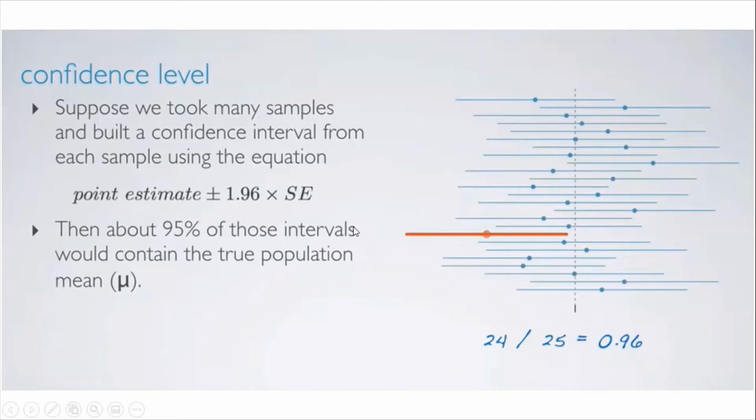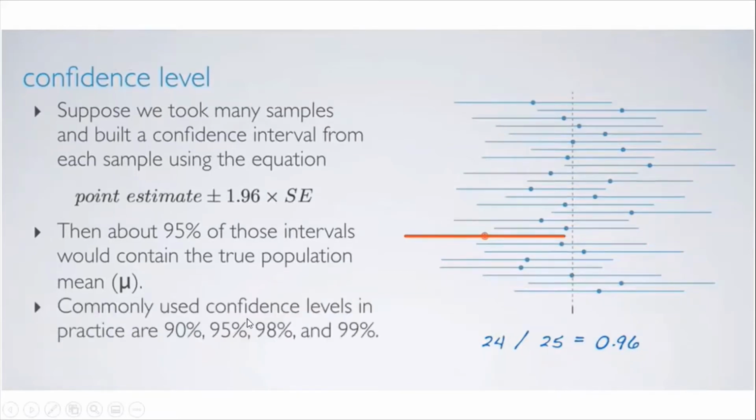That is what 95% means. If you did 100 trials, then in 95 of them you captured the true population, and only 5% of the time is there a chance that you will miss the true population.